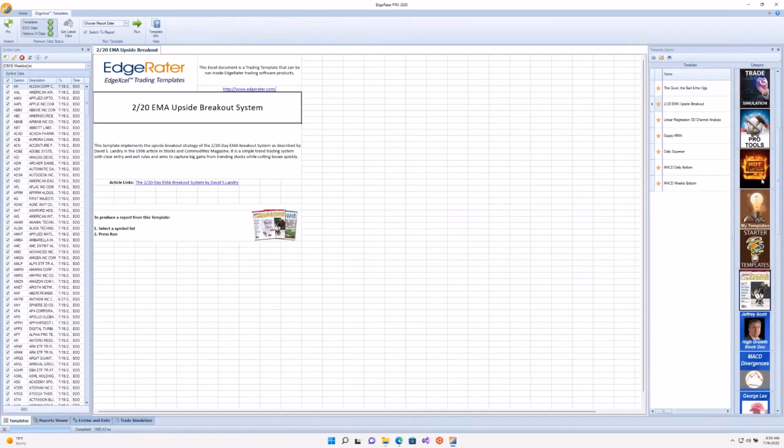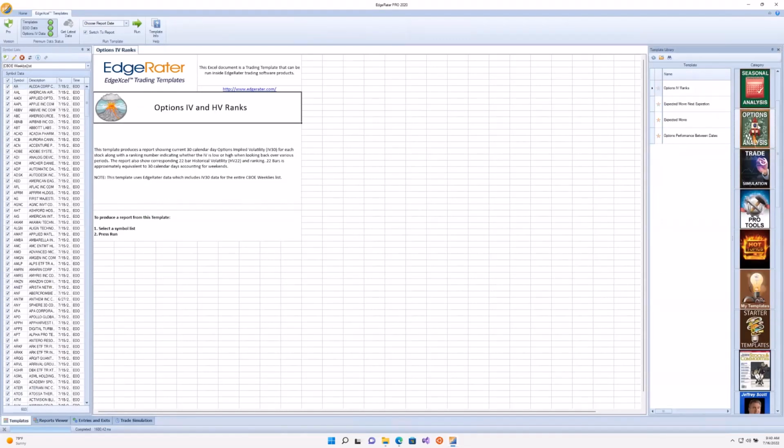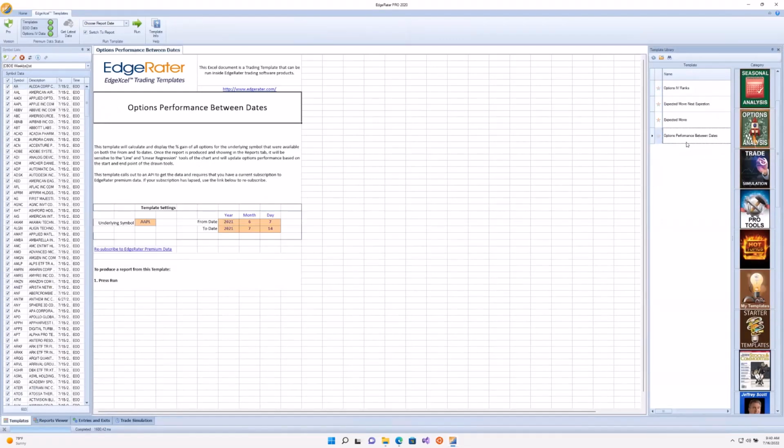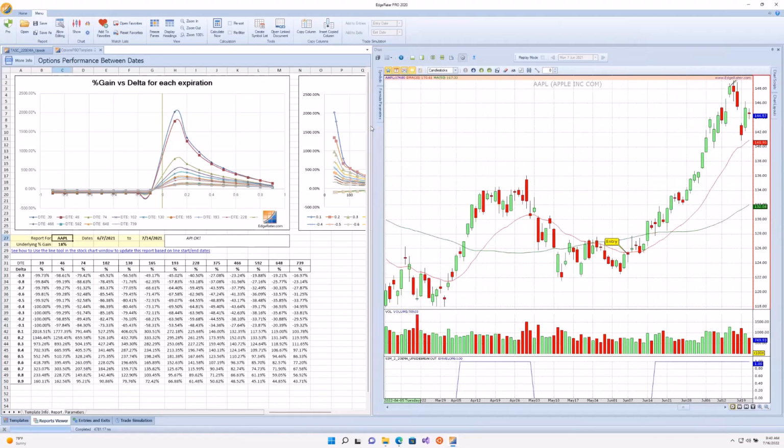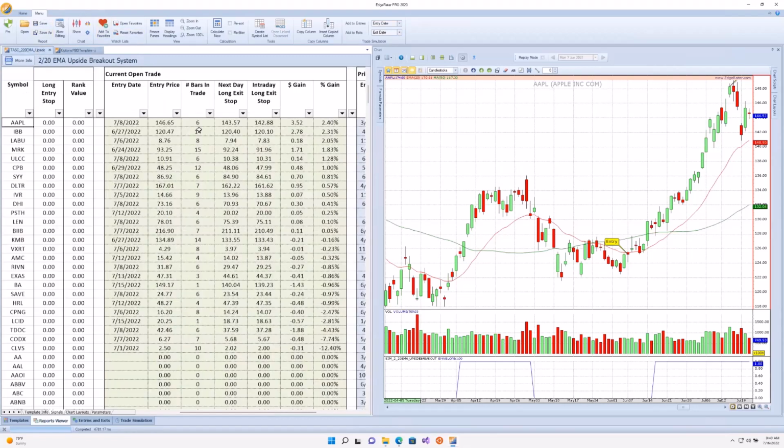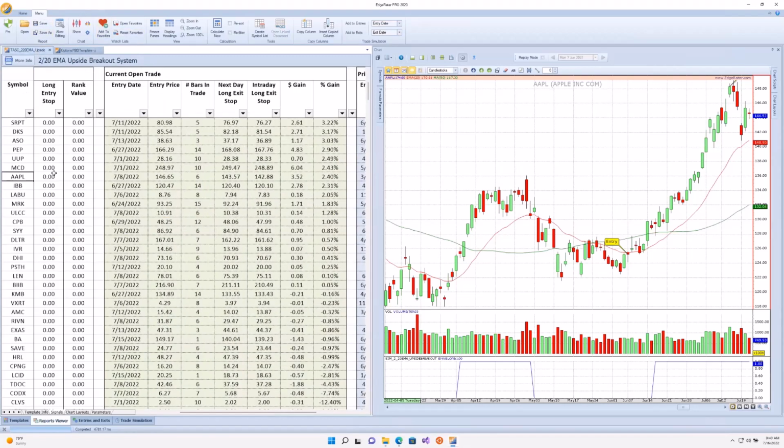That is a real bonus to the software here. It's the performance between dates under options analysis. I always like to have that one open because it's always interesting to see what the options would have done in certain cases. So I always just run that using the default settings. And then in order to see what options have done on a particular stock and a particular time period, just draw a line on the chart.